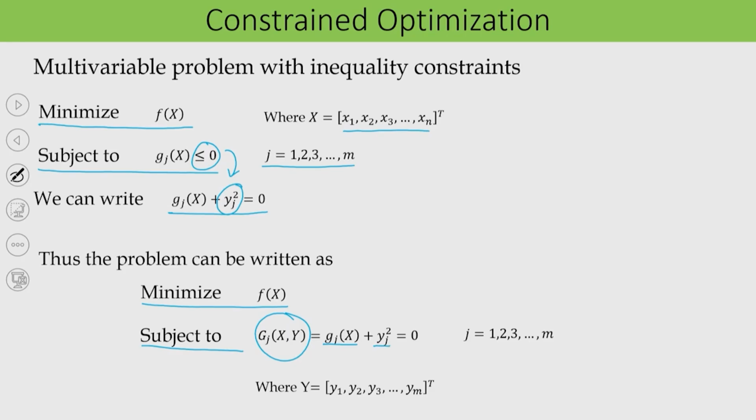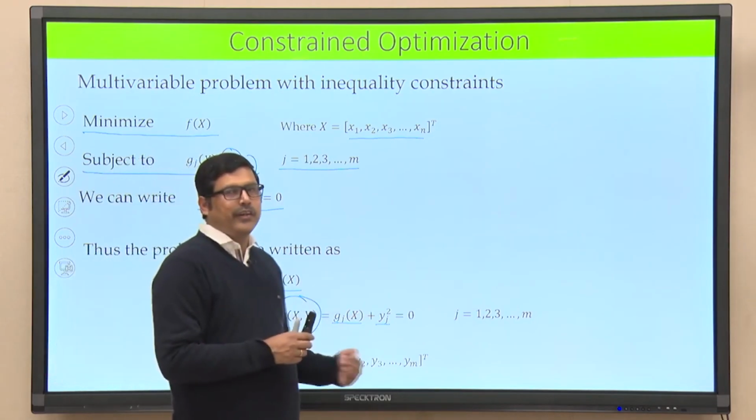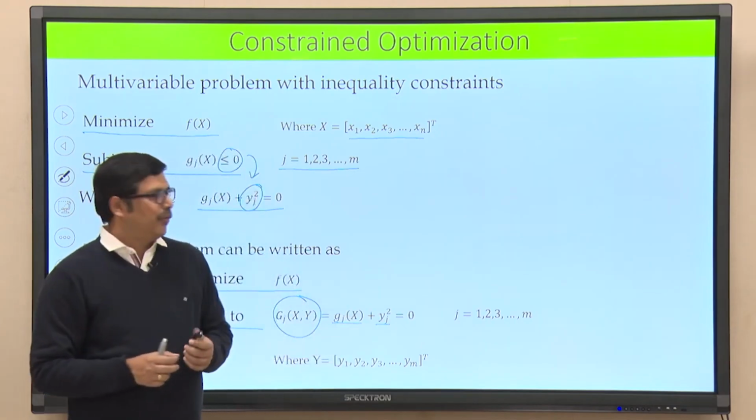So, we are converting this problem to an equality constraint type problem. Now I can apply the necessary condition of optimality, whatever we discussed in the last class, to this particular problem.